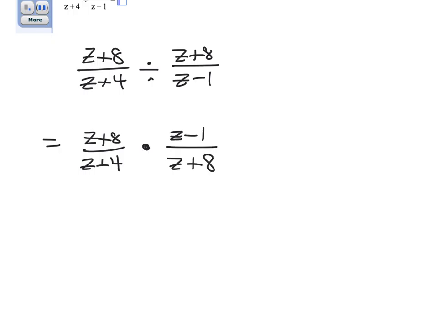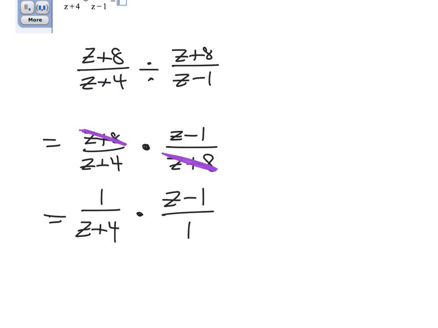And now we're going to look for common factors, and we see that z plus 8 and z plus 8, there's our common factor, and so they cancel out, leaving us with 1s. So technically, this becomes 1 over z plus 4 times z minus 1 over 1.